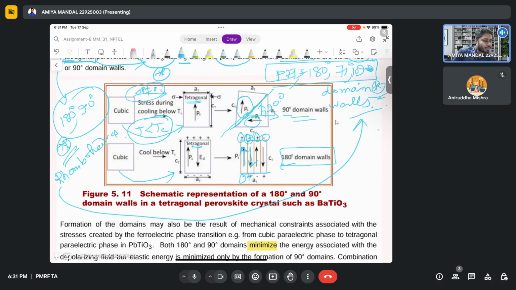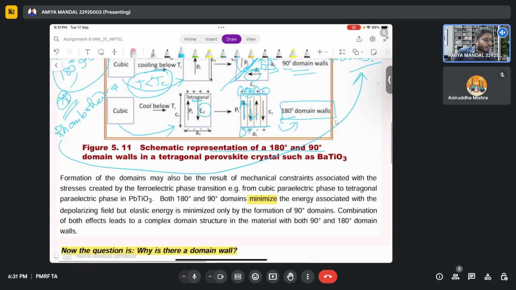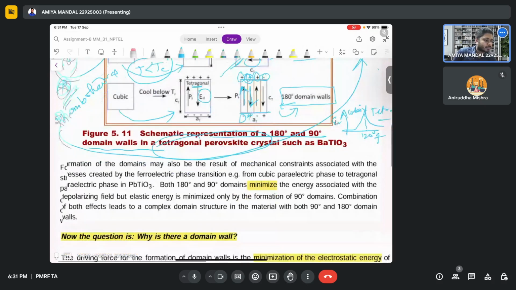Then PS and ED, the depolarization field, creates 180 degree domain walls. Okay, so these are the schematic representations of 180 degree and 90 degree domain walls of a tetragonal perovskite, just like barium titanate. In the epsilon R versus T plot of barium titanate, at 120 degree centigrade the cubic to tetragonal phase transition occurs.